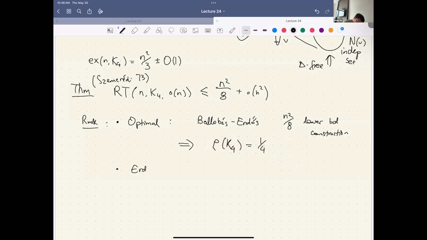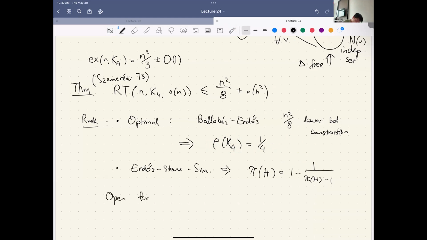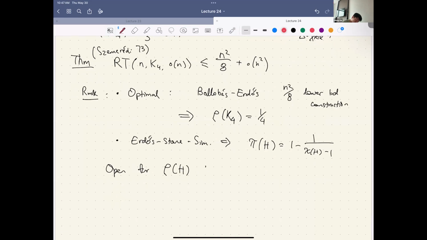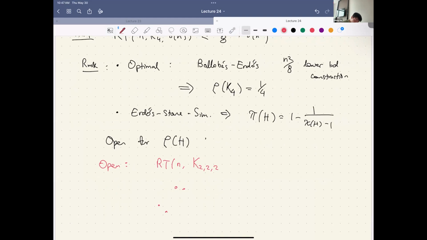So Erdős-Stone-Simonovits says we know the Turán density of a graph, but there's no such thing for the Ramsey-Turán problem. It is open for general H. The first simplest case that we don't know, surprisingly, is the Ramsey-Turán number for the 2-blow-up of the triangle, with 2 vertices in each part and all edges in between them.